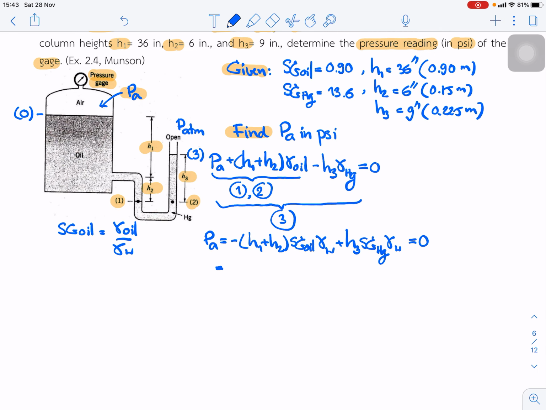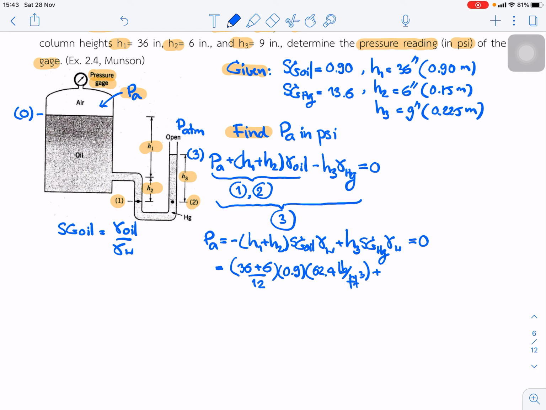First we use the British units, not the SI units. So we still use the inch. The H1 is 36 plus the 6, converted to foot, times the specific gravity of oil 0.9, and the gamma for water is 62.4 pound force per cubic foot.